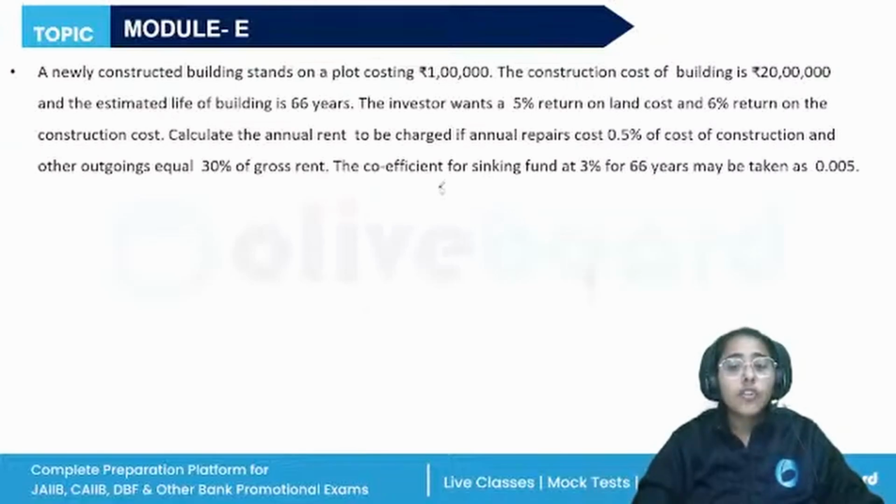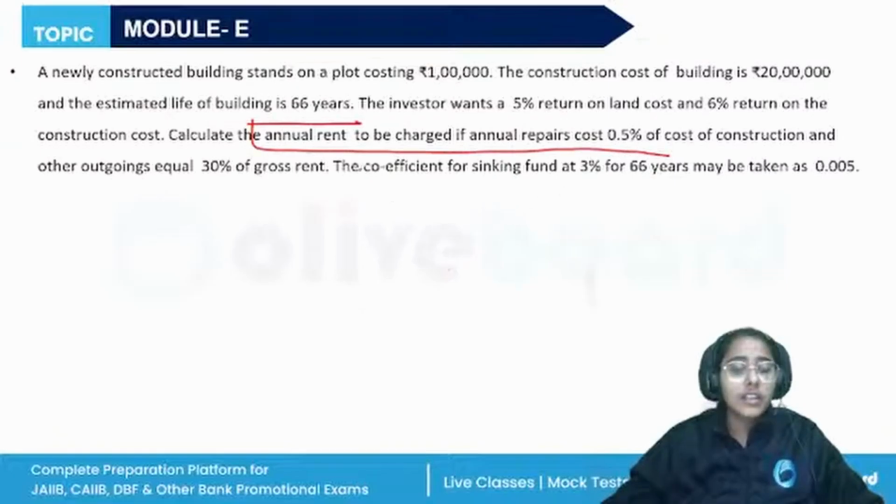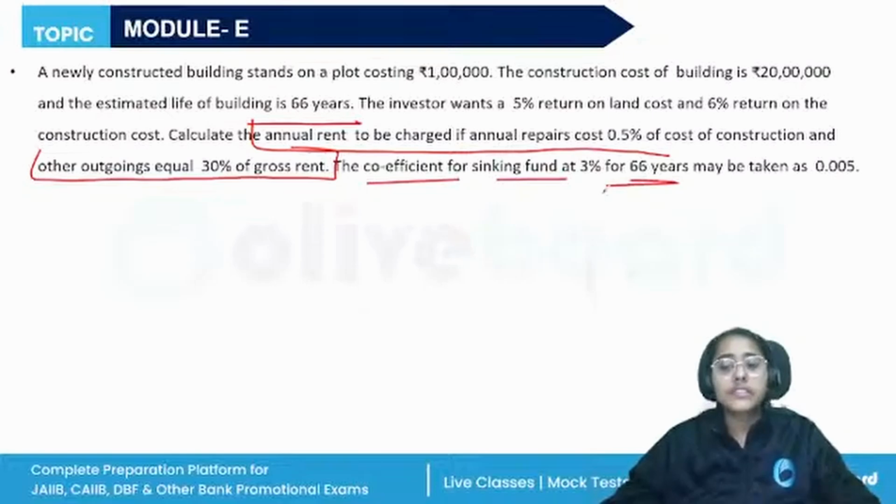The investor wants a 5% return on the land cost and a 6% return on the construction cost. Calculate the annual rent to be charged if the annual repairs cost 0.5% of the cost of construction and other outgoings equal 30% of the gross rent. And we are given that the coefficient of the sinking fund at 3% for 66 years may be taken as 0.005.